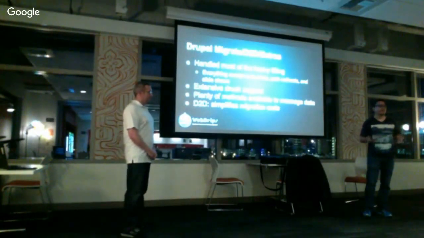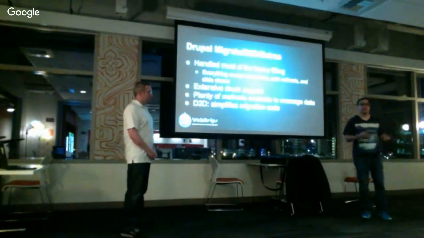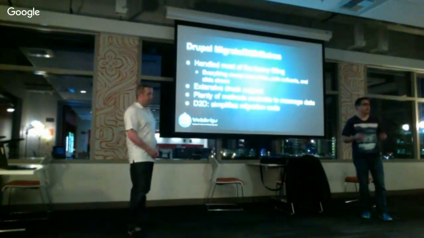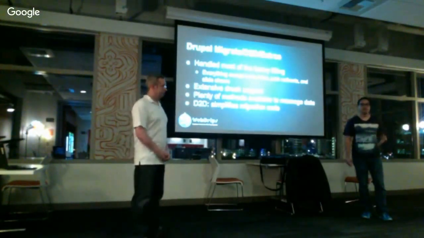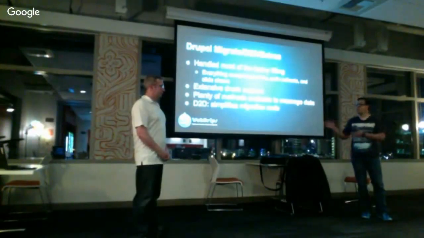So instead of migrating them, we just asked the content owners to go look at the site, and if you need a slideshow, create it yourself. You go in, edit it, and add it to the site yourself. That really helped us because we would have had to handle a new content type in the migration.